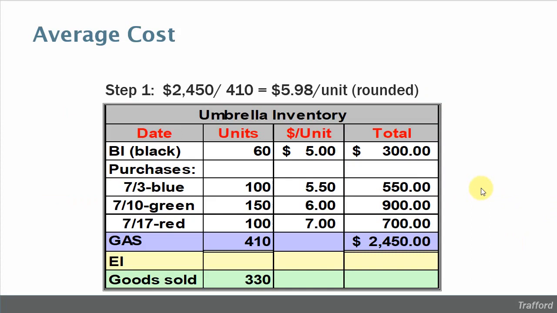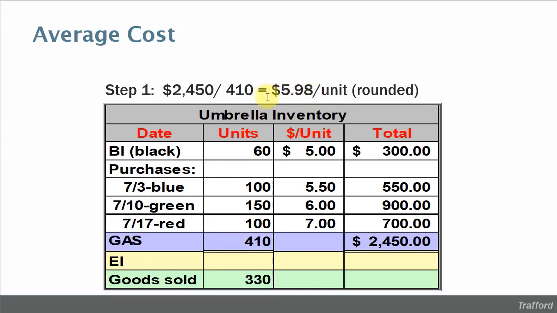To get a weighted average cost of one umbrella, you'll simply take the total cost of goods available for sale, which is this line item here from my schedule, and divide it by the total number of units available for sale. So in this case, we come up with $5.98 an umbrella.